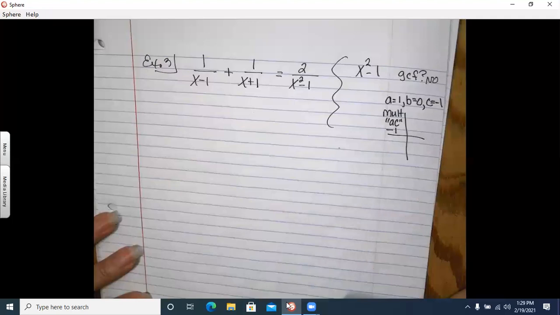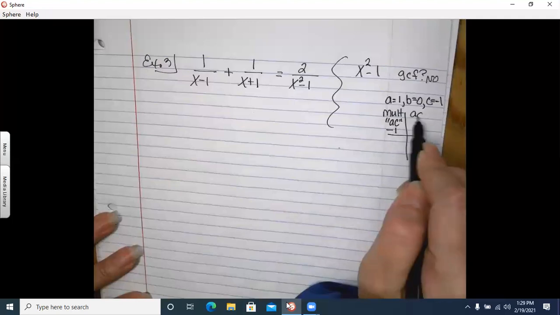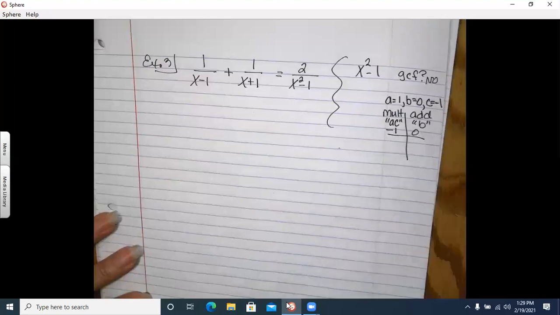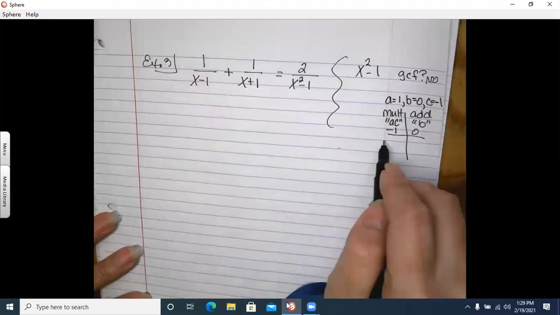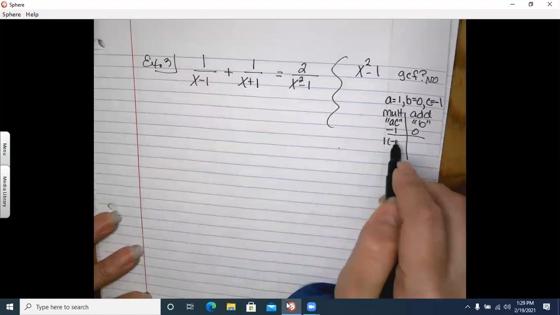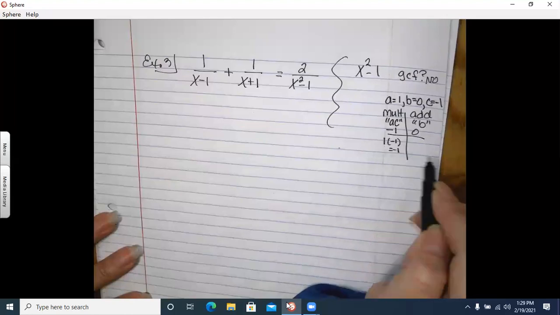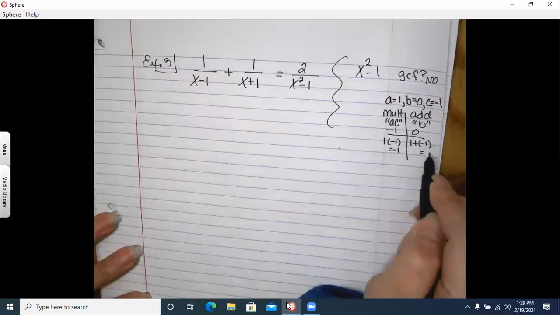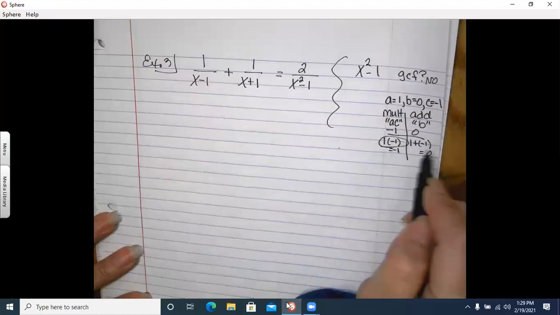And on the right side, you want two numbers that add together to give you B, which is 0. All right, let's see. +1 times -1 is -1. What's 1 plus -1? 0. Boom. So my factors will be x plus 1 and x minus 1.